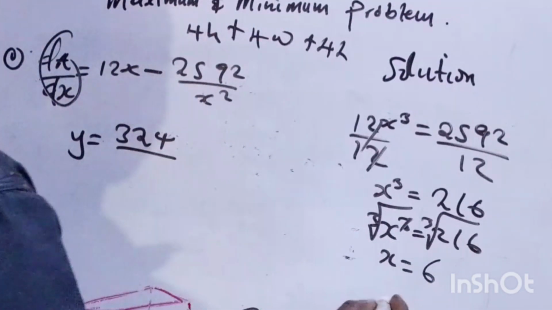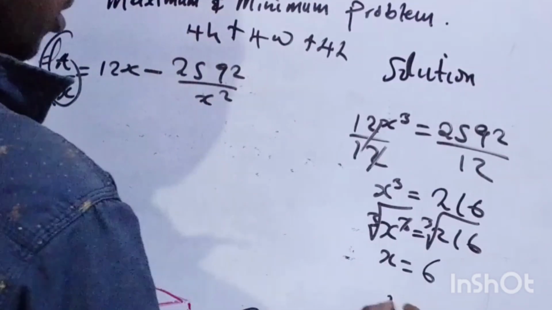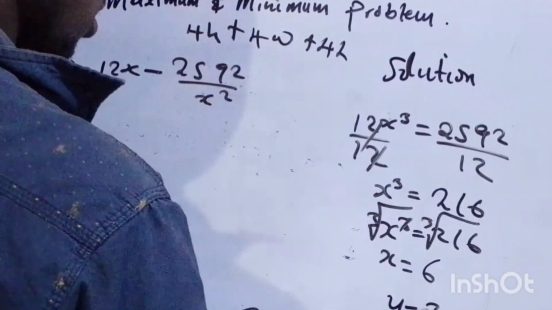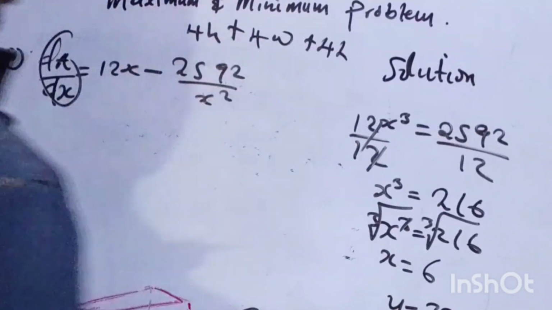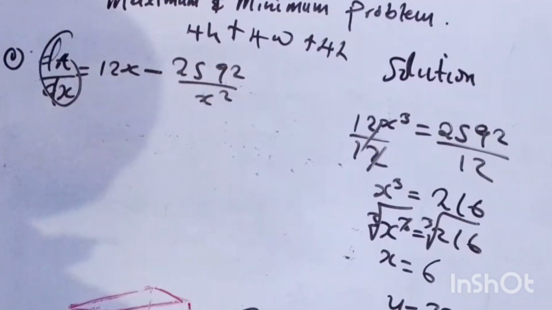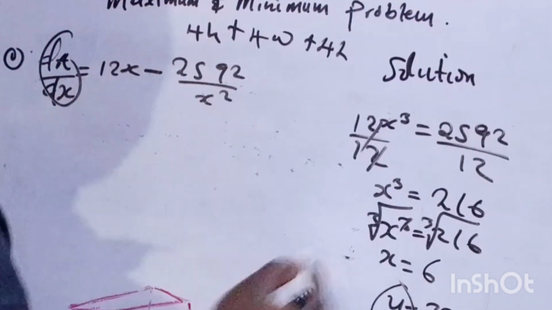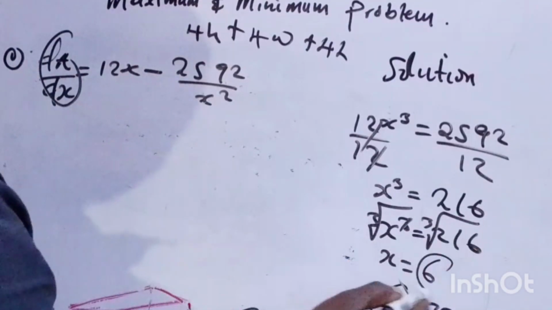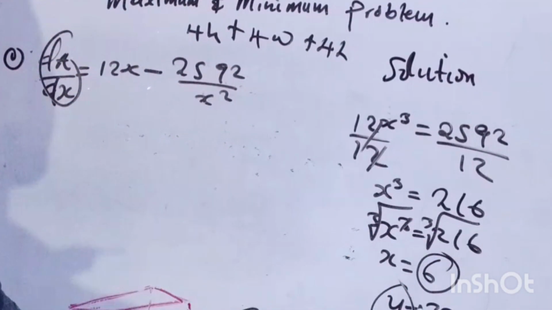So we are going to say, from that equation, y equals to 324 divided by x squared, which we have generated from the volume formula. So we have to find the value of y. Since we have found the value of x, we are going to find the value of y.